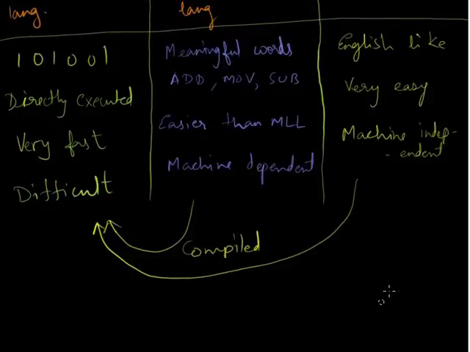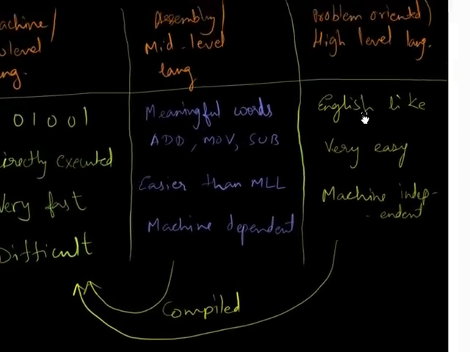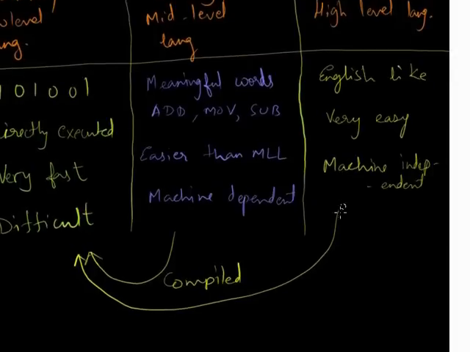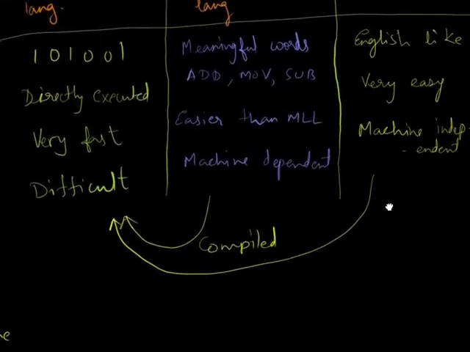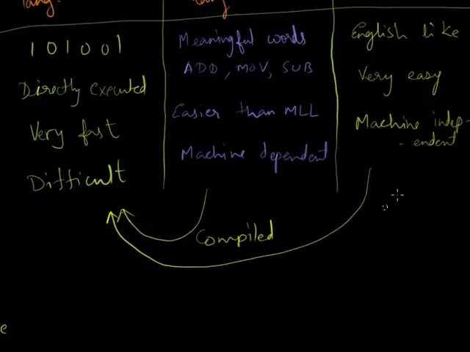Now one more thing remains here: high level languages are English like. I said that before, but English has some rules, right? Rules for writing, rules for pronunciation, rules for making sentences, right? So these have rules for writing.